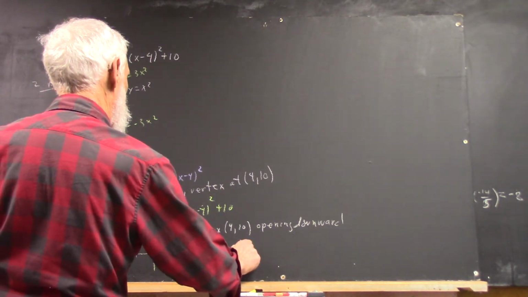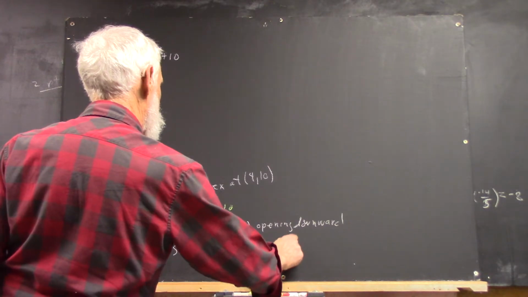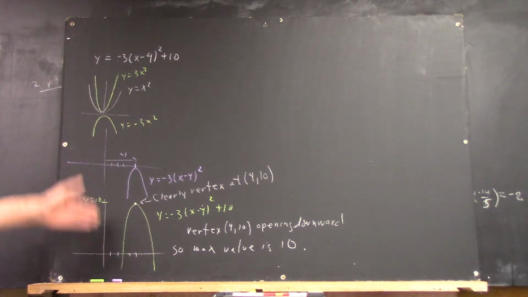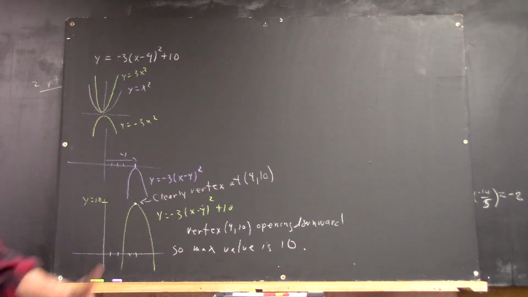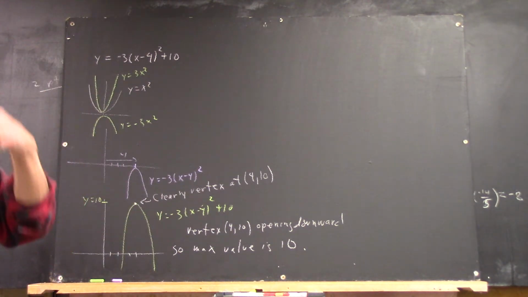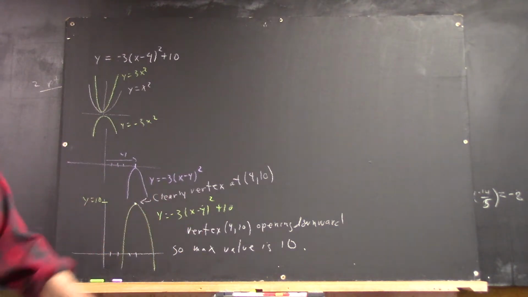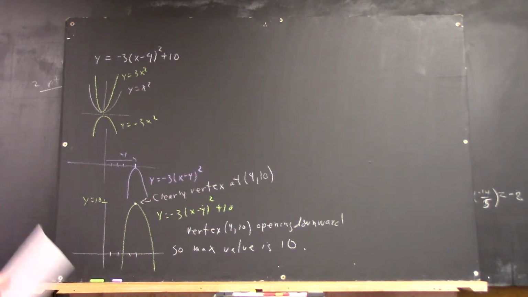So the maximum value is 10. Is that clear? The value of the function is what you measure on the y-axis. It's y equals f of x. What's the maximum thing you can get by plugging numbers into f of x? 10, in this case.